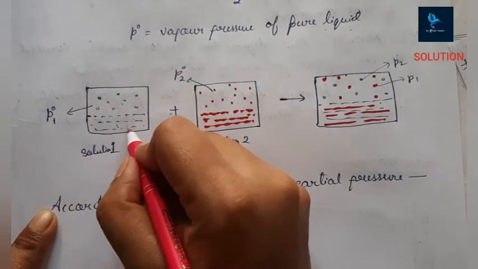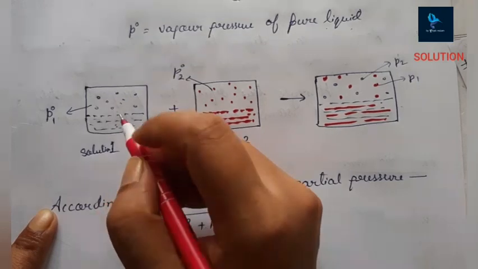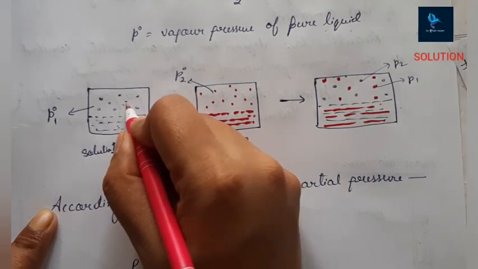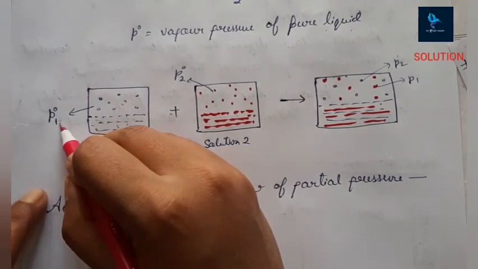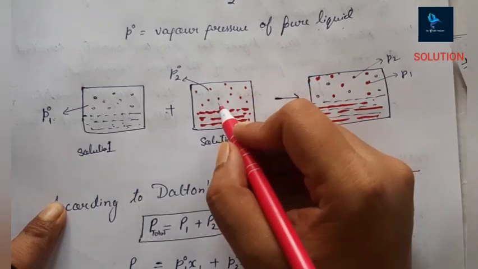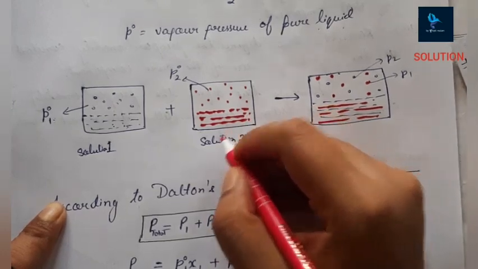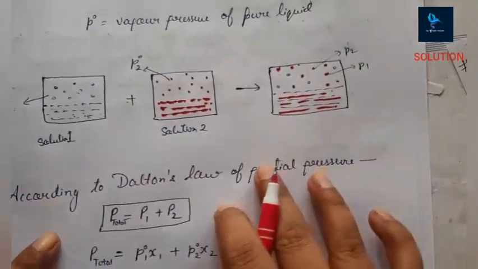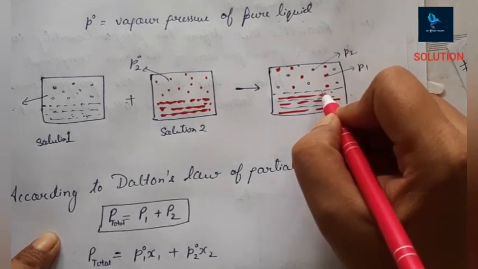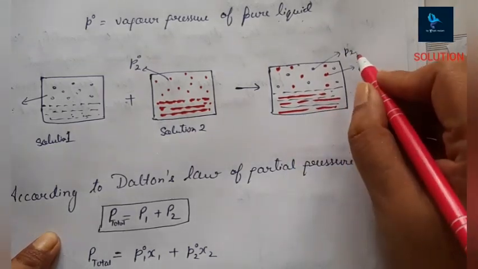There is no mixture in this solution, only one component, so we can say it is a pure liquid. When this pure liquid forms a vapor, its pressure is called the vapor pressure of the pure liquid. Similarly, in the second solution, P2 naught is the vapor pressure of the pure liquid, and P1 and P2 are the partial pressures of the two liquids.